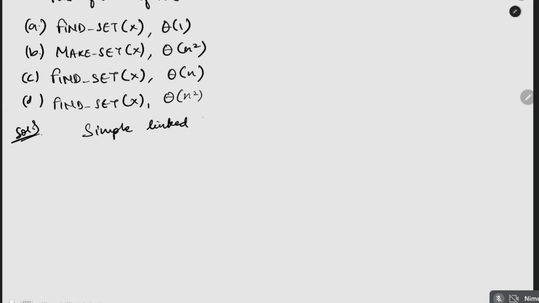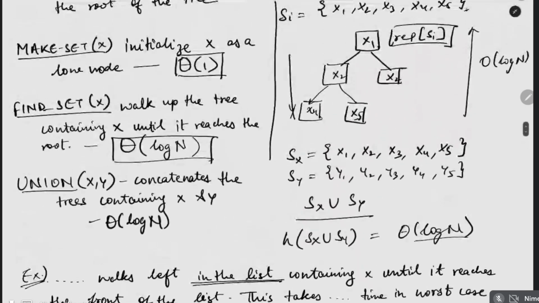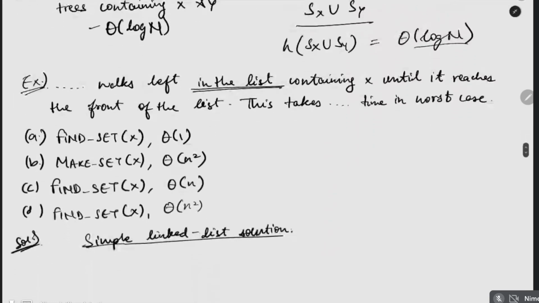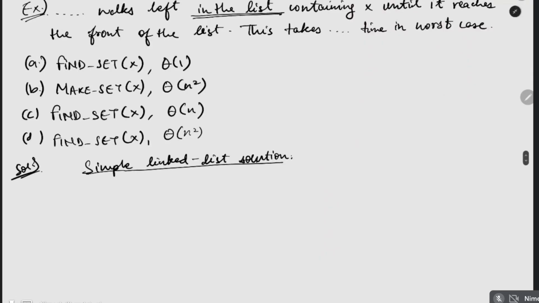If we look at how the simple linked list solution for the disjoint set data structure works, the time complexity for the find set and the union operations in a linked list based solution are different compared to the balanced tree solution.